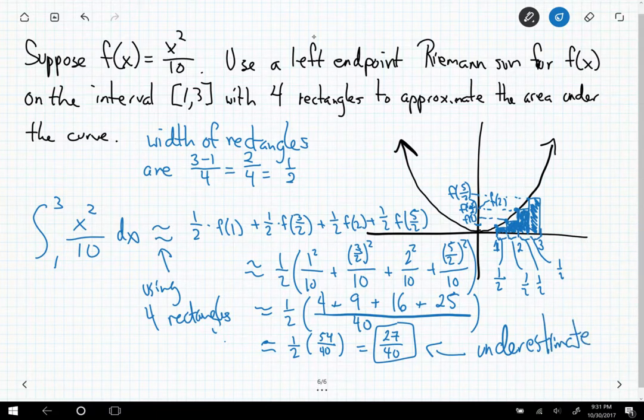In a similar manner, you could use right endpoint. So you start from the 3 and then you kind of move on over. So what would right endpoint look like? Right endpoint, if you had 1, 2, and 3, and we used 4 rectangles there, here's what your right endpoint looks like.